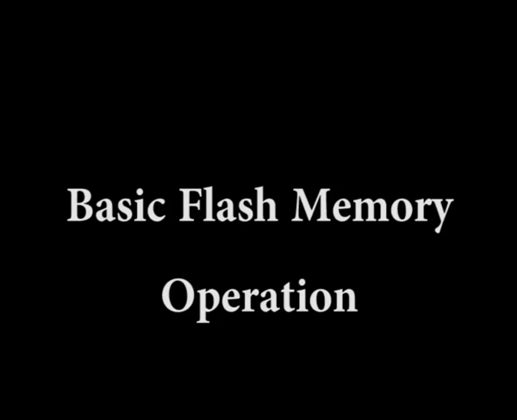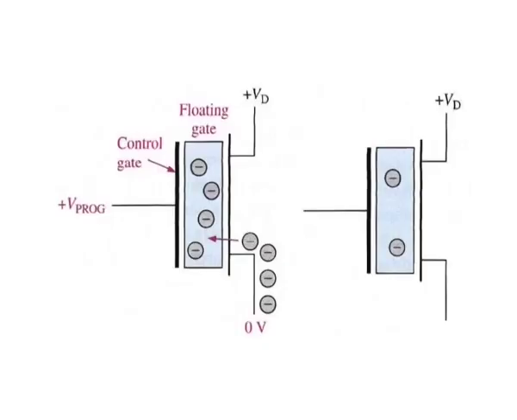Basic flash memory operation. There are three major operations in a flash memory: the programming operation, the read operation and the erase operation. Programming. As indicated in figure, initially all cells are at the 1 state because charge was removed from each cell in a previous erasure operation.